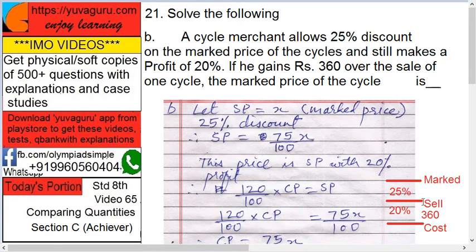How do you calculate CP and SP and profit? SP equals CP plus profit, right? And what is given? 20% profit he is earning. So 120 into CP upon 100 equals SP. Okay. But what is SP given? 75x upon 100. Okay. So now how will you solve this?